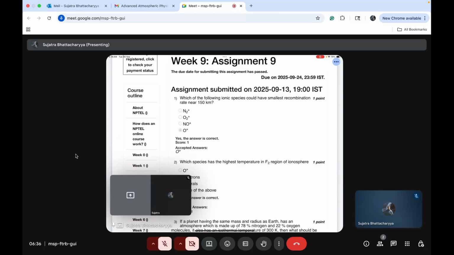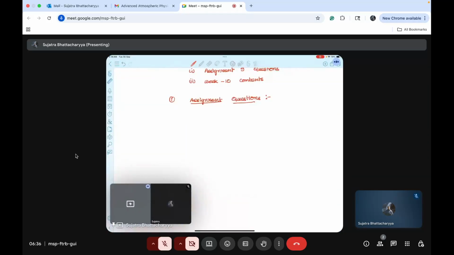If I have to write here for the first question, you can write that first of all, at 150 kilometers, the concentration of O positive is large, because in those layers the O positive concentration is maximum.